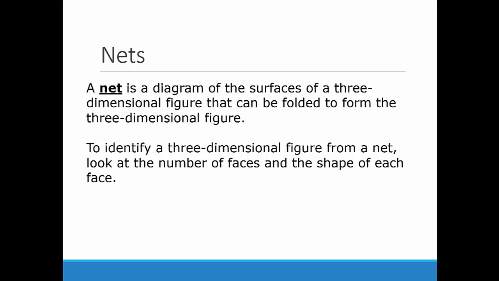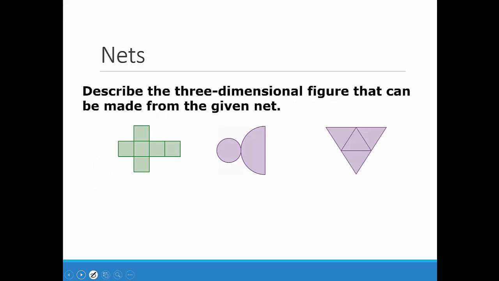A net is a diagram of the surfaces of a three-dimensional figure that can be folded to form the three-dimensional figure. So to identify a three-dimensional figure from a net, look at the number of faces and the shape of each face. So this first one has 6 faces. 1, 2, 3, 4, 5, 6. And this makes a cube.